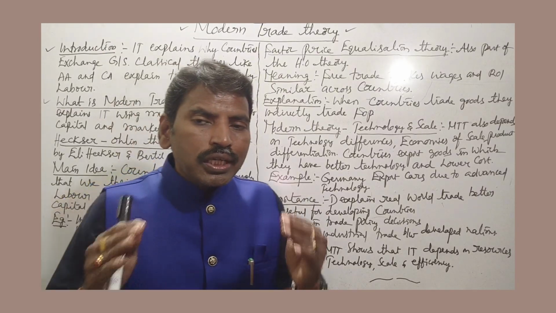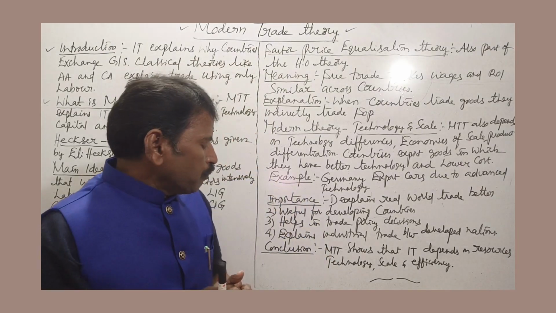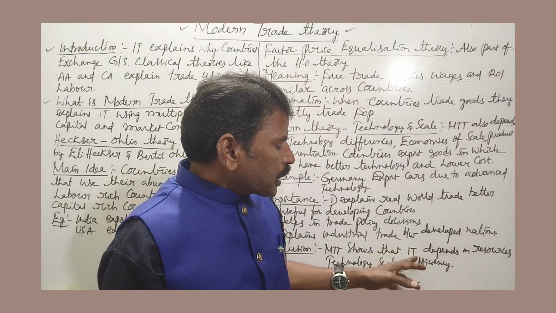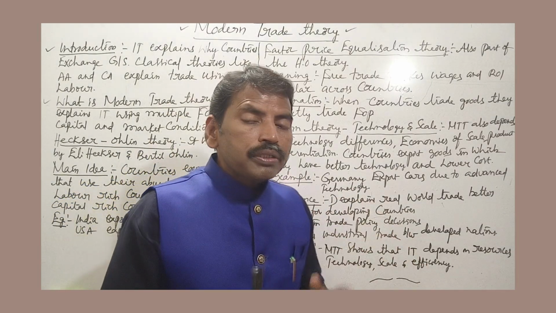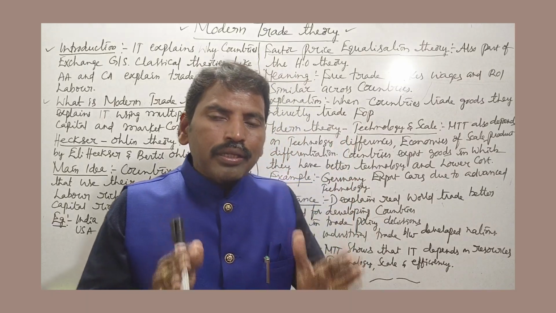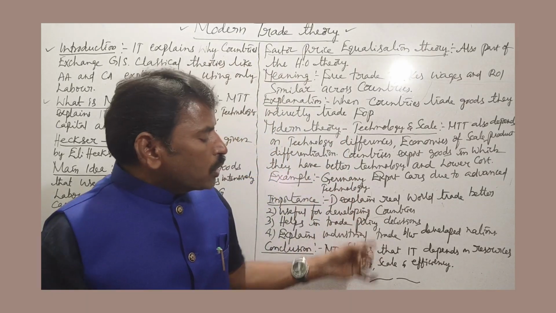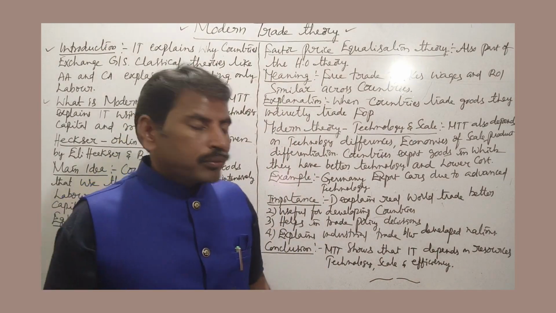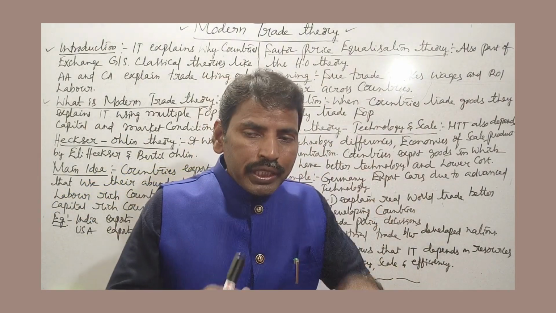Next, what is the conclusion? Modern trade theory shows that international trade not only depends upon one factor, that is labor, it also depends on resources, technology, scale, and efficiency.